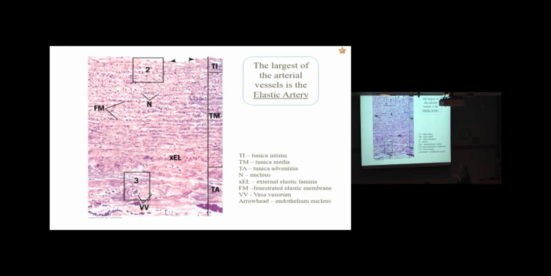There's this first internal elastic membrane, but it's quite indistinct in an elastic artery and difficult to find, and it's also discontinuous. So there's an external elastic lamina that separates the media from the adventitia. I think you can see when you get to the adventitia, there are these big bundles of collagen. It looks quite different. And there are these blood vessels, the vasa vasorum.